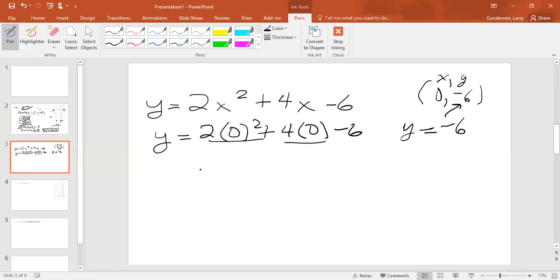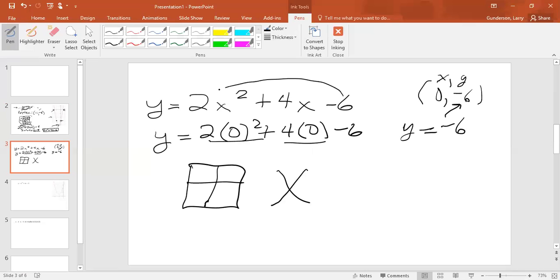Now to find your x-intercept, that's where your teacher has you use the box diamond method. I'm not a big fan of this, but this is what you learned. You always put it in here first, I think. You put a 2x squared here and a -6 here, and you multiplied those to get -12x squared, and then the 4x goes on the bottom.